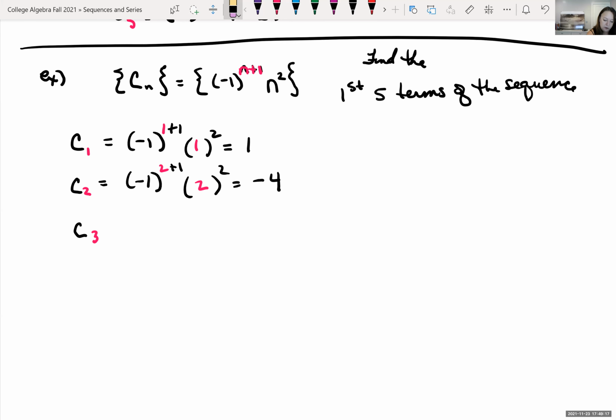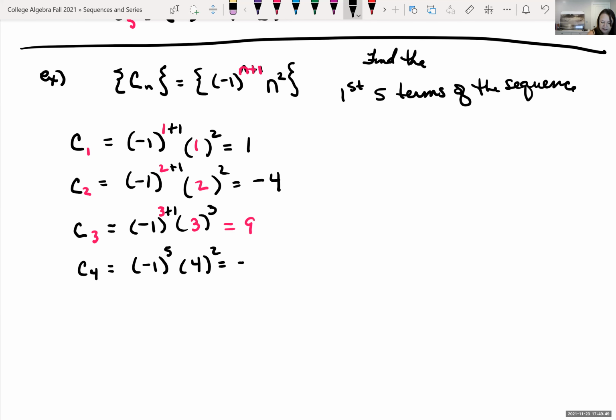Okay, so C sub 3, plugging in 3 wherever we see an n, we get negative 1 to the 3 plus 1 power, all times 3 squared. Well, 3 plus 1, that's 4. So negative 1 to the 4th power is now positive 1, times 3 squared is 9. C sub 4, well, I'm going to get negative 1 to the 4 plus 1 power. So that's going to be the 5th power, all times 4 squared.